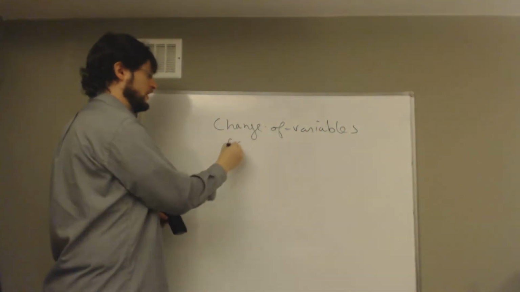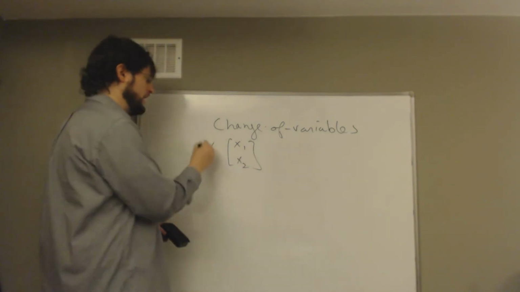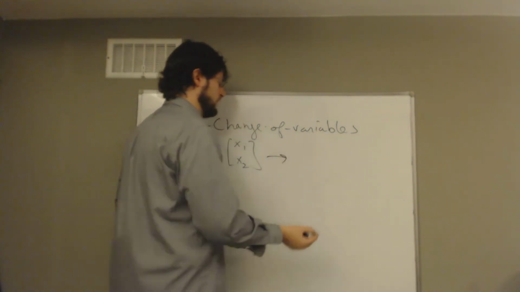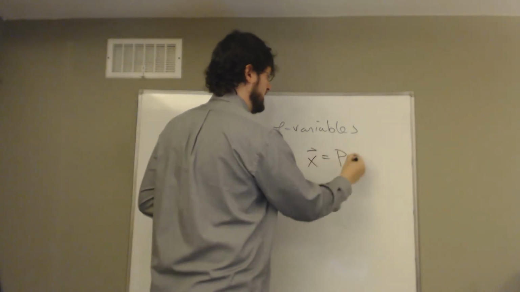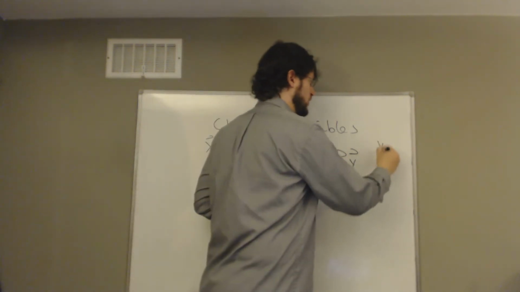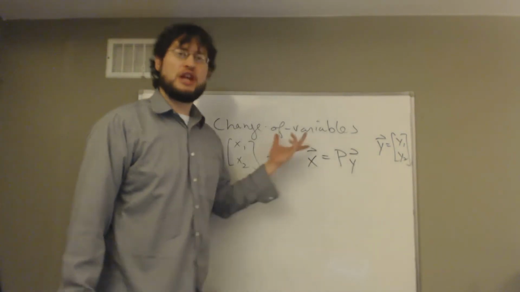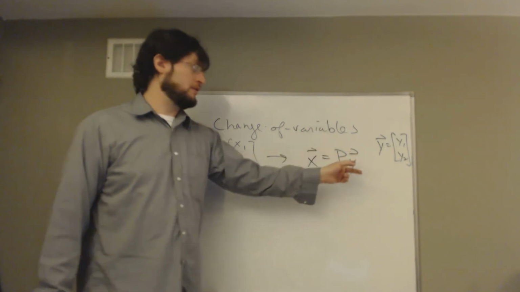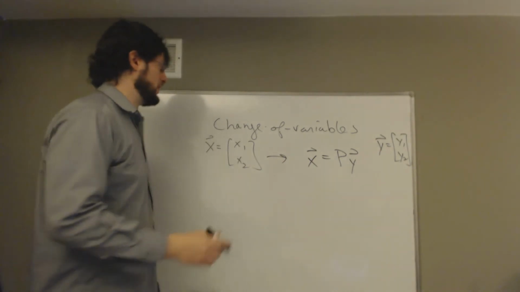Let's start with just a 2 by 2 case, although it's the same in general. Let's take the vector x, x1, x2, and turn it into something. By changing variables, we mean we're going to let x be Py for some other unknown vector y, which we'll call y1, y2. So we've changed the coordinates of x by the matrix P. Now we're using these letters for our matrices in a very suggestive way.